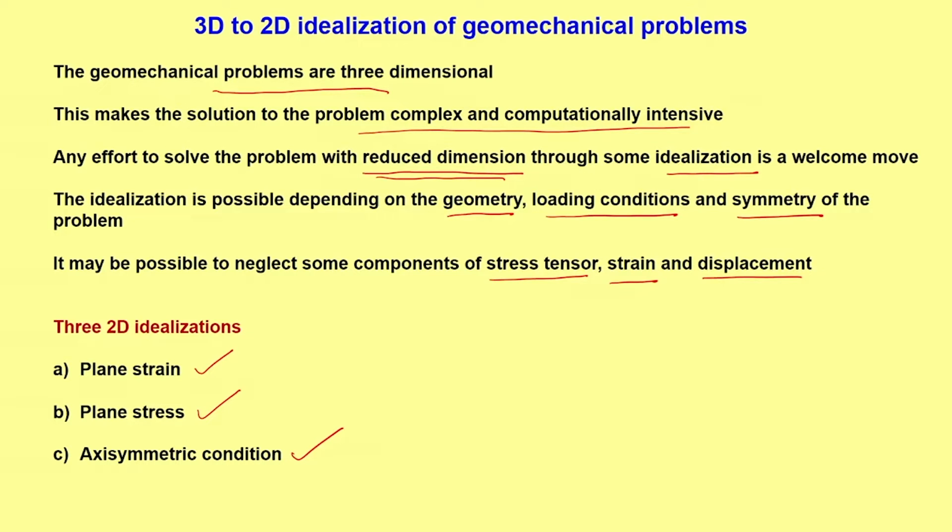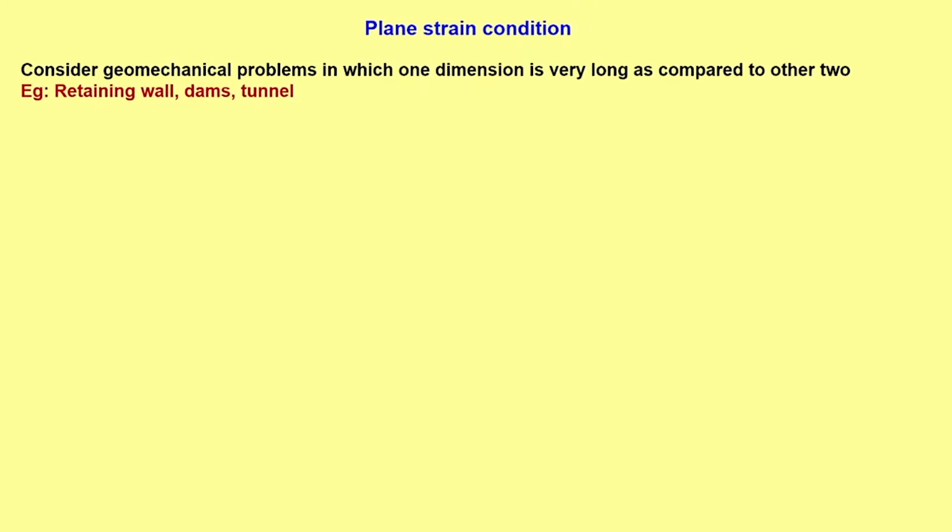For completeness, we are discussing all 3. But in geomechanical problems or in soil mechanics, what is more important is plane strain and axisymmetric condition. So, these are the 2 important ones when you consider 3D to 2D idealization.